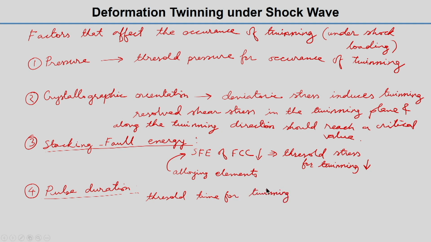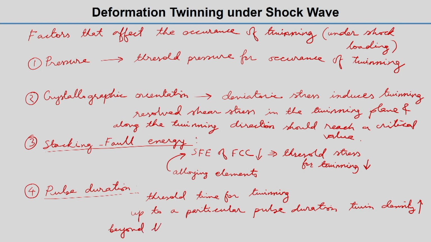They tried different pulse durations and found that up to a particular pulse duration the twin density increases, like dislocation density, and beyond that the twin density is constant.